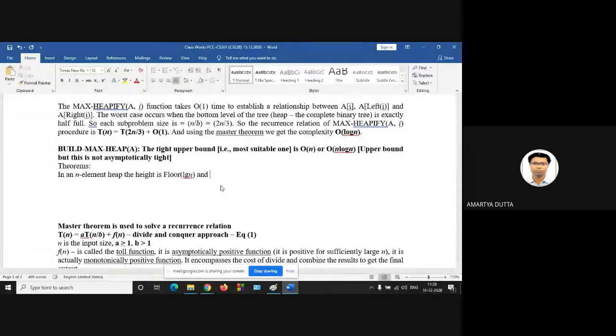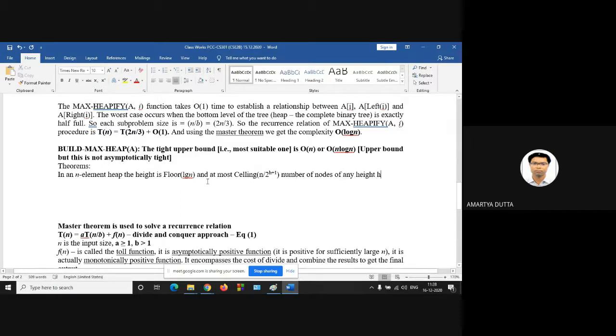And at most ceiling of n by 2 to the power h plus 1 number of nodes of any height h.